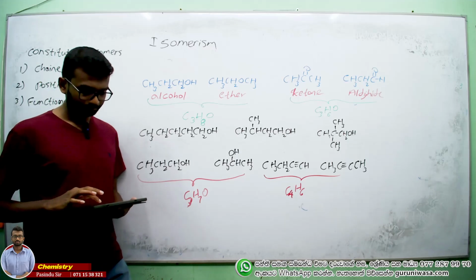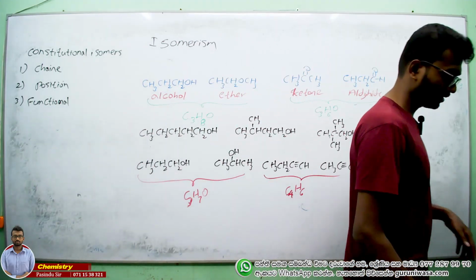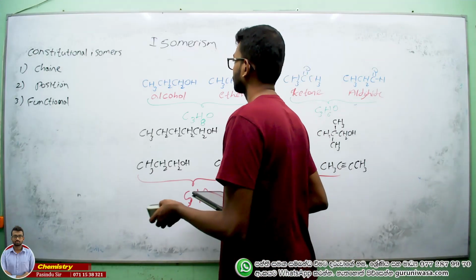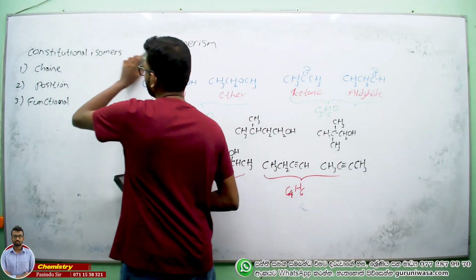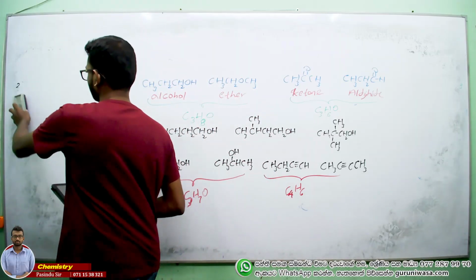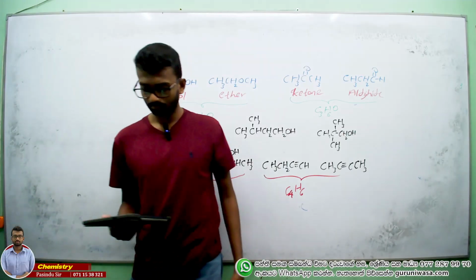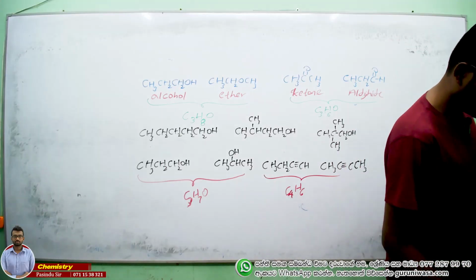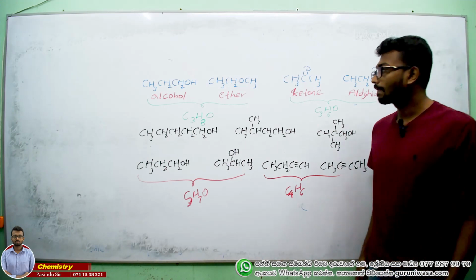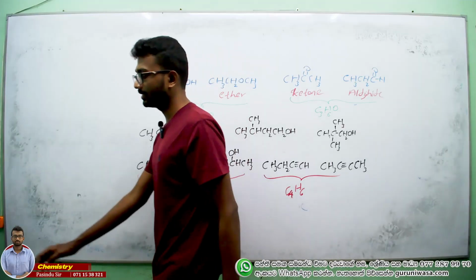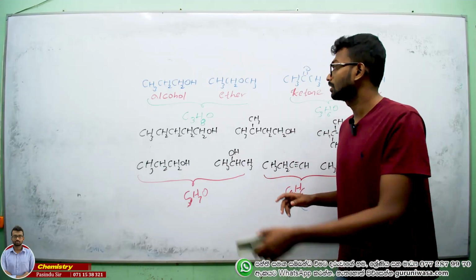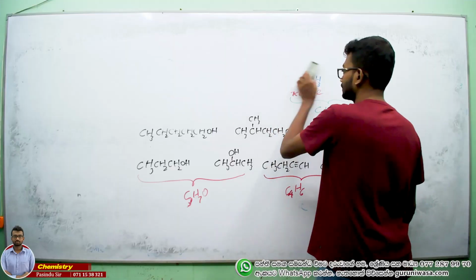Right. Then after that, before the next one, let's write down the classification of these isomers, right? We learned constitutional isomers, and there is another type called stereoisomers.